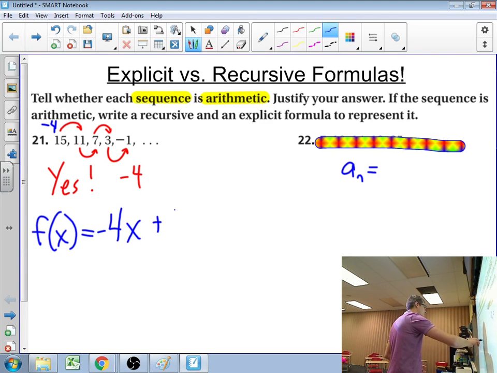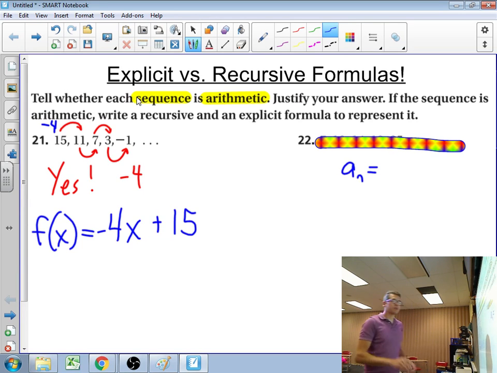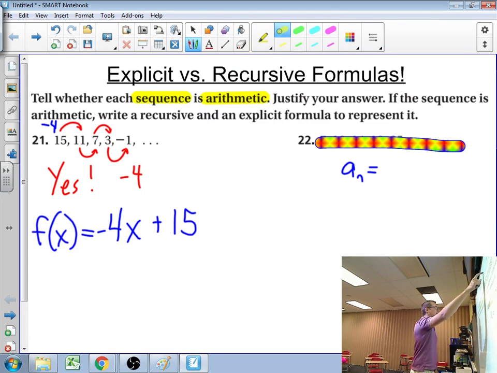Well, I see a value of 15. But the problem is, if I plug in x equals 1 there, that's not going to work. And here's why. This 15 is not my y-intercept. That 15 is actually the value when x equals 1. That is my first term. So since that's my first term, I really have to think about what is my 0 term or my y-intercept, my term right when that line would start at the y-axis.